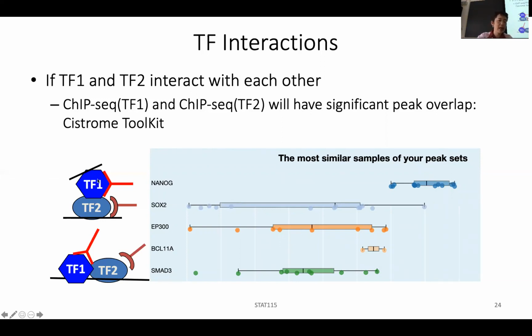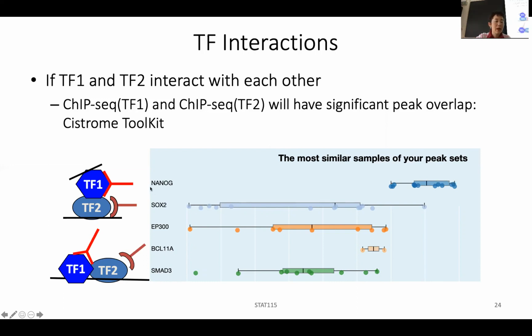So you can imagine if TF1 and TF2 collaborate or they interact a lot, whether you do TF1 ChIP-seq or whether you do TF2 ChIP-seq, their peaks will have a lot of overlaps, right? So the system database has the system toolkit. You enter some ChIP-seq data, it will pull out all the other ChIP-seq data that have significant overlap with your data of interest. And that can help you find out whether something overlaps.